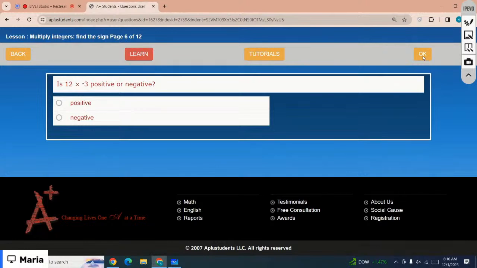Is 12 times negative 3 positive or negative? Yes, it is negative because one of the numbers is negative, so the answer must be negative.